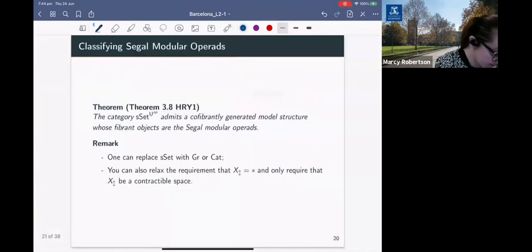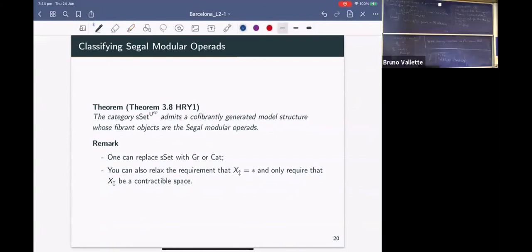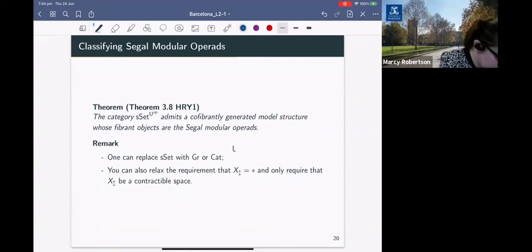So just some remarks, just a few things that I said. Technically, I talked about spaces, but this actually works fine in nice Cartesian monoidal categories. So you can look at presheaves in here in groupoids or small categories.